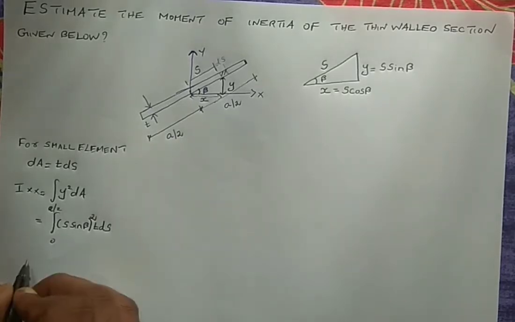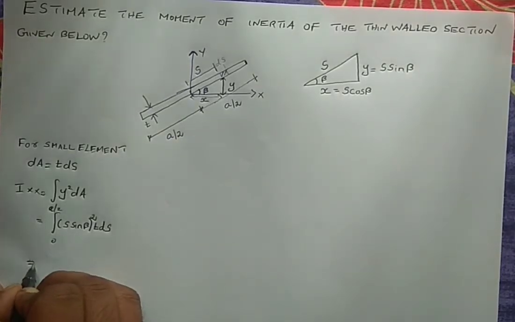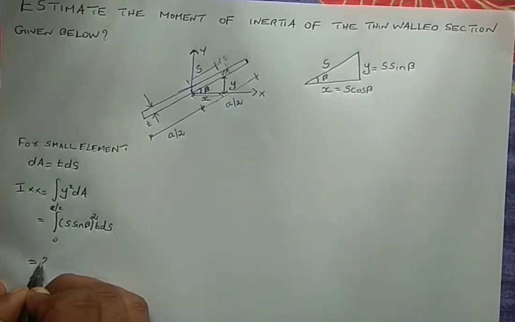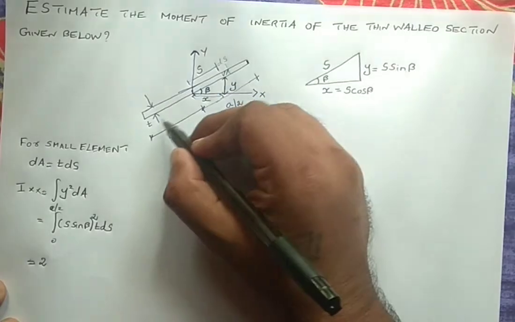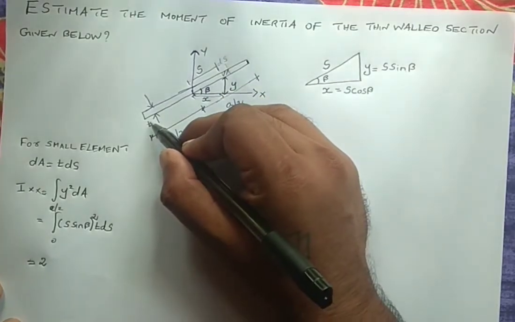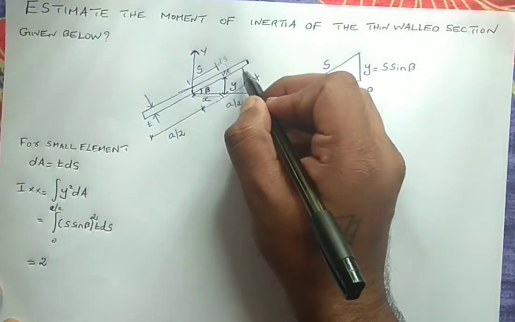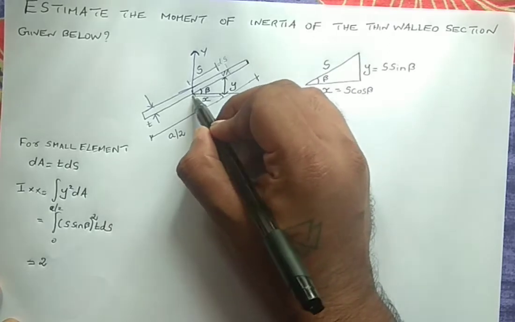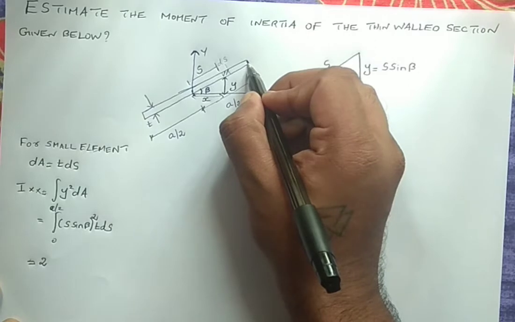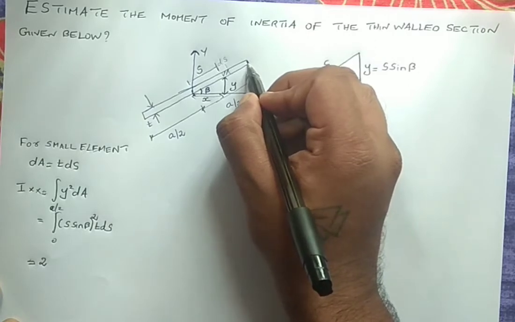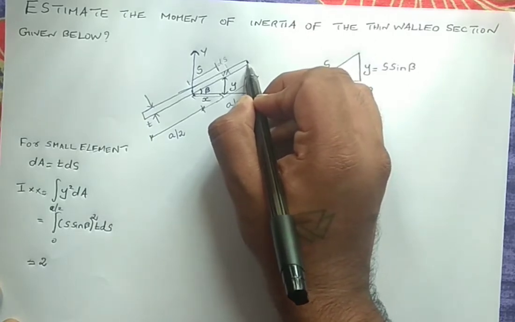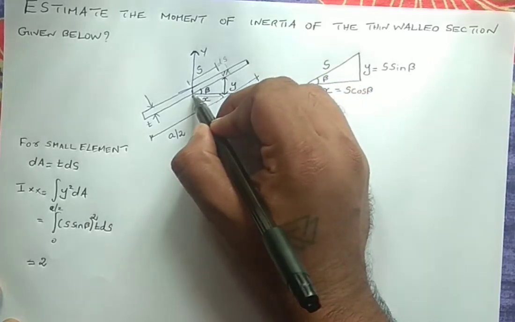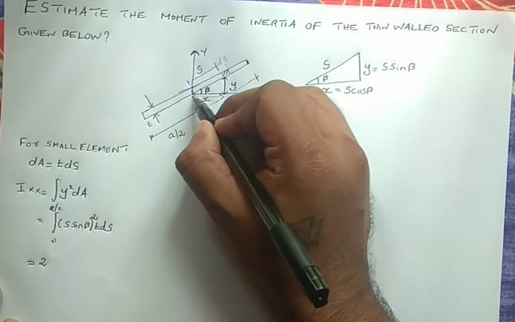Now I will multiply this equation by 2 because we have to find the moment of inertia of the entire section. We are only considering from the origin to the extreme point while integrating, so to get the entire section's moment of inertia, we multiply by 2 because the section is symmetrical about this point.